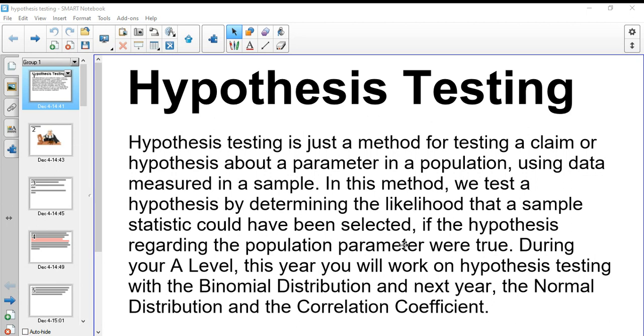Now, you are going to be using it next year for something called a correlation coefficient, so something similar to what I've just been talking about, and something called a normal distribution. This year, you need to use it in conjunction with the binomial distribution.